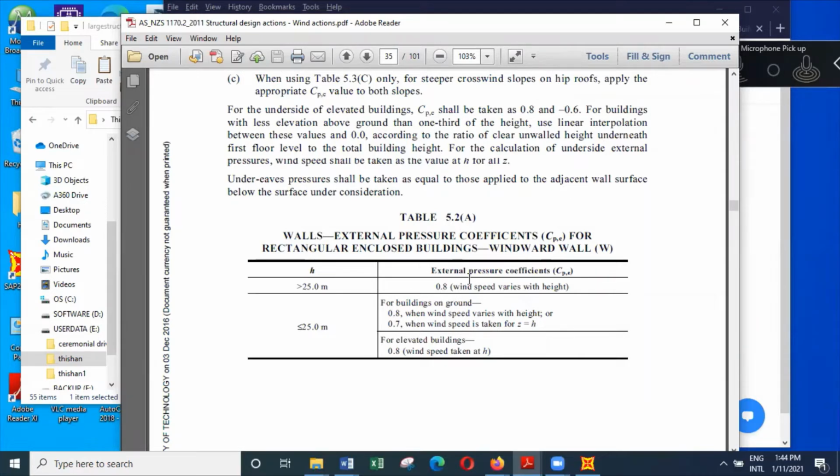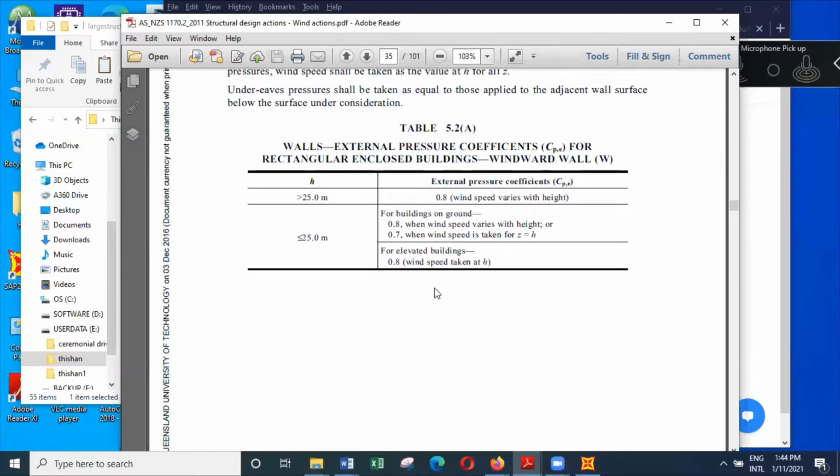The windward multiplier for the external pressure is 0.8, and if the building is less than 25 meters in height, you can use a constant value, whereas when the height of the building is more than 25 meters, then we use this to relate the pressure to force, a factor of 0.8 for the windward surface.